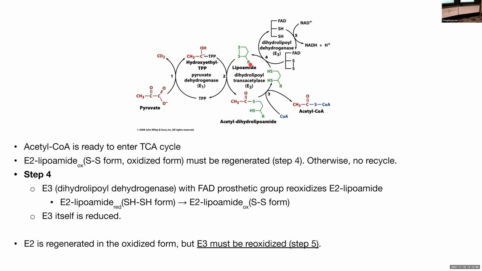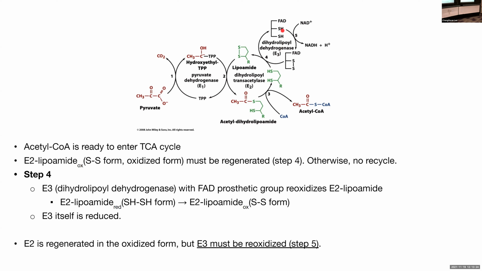So that happens in step 4, where the E3 enzyme here, which is dihydrolipoyl dehydrogenase, works with this FAD prosthetic group, which also contains 2 sulfhydryl functional groups, and reoxidizes this E2 lipoamide.